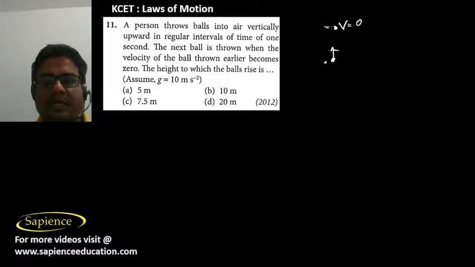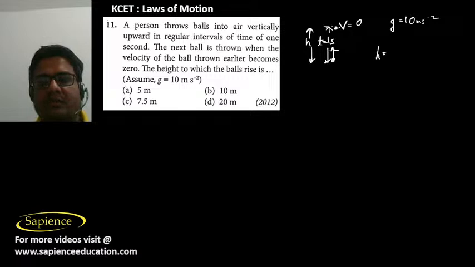It means that the highest point is reached by the ball in the time interval of 1 second. So 1 second is required to reach the highest point. Here we have to take g as 10 meter per second square, and the height has been asked.